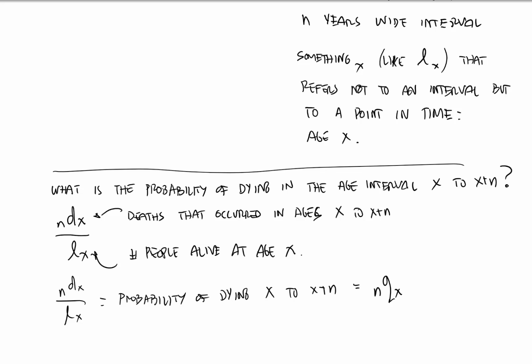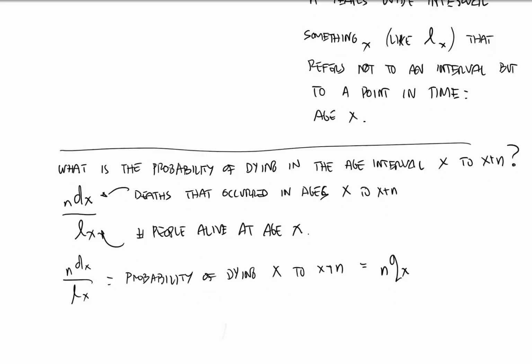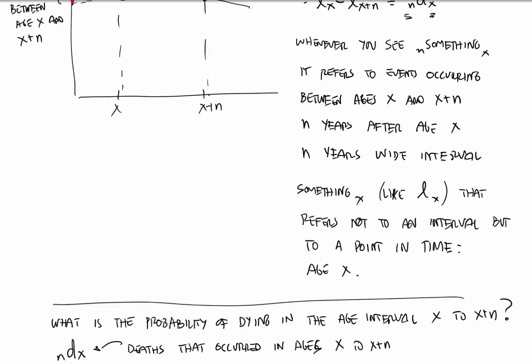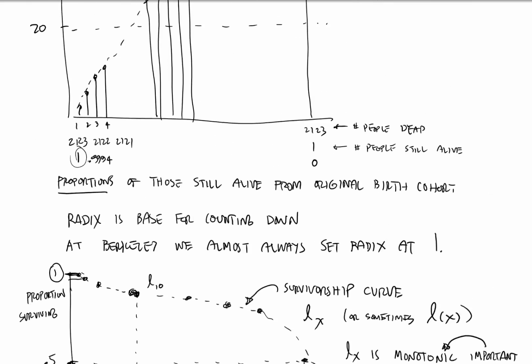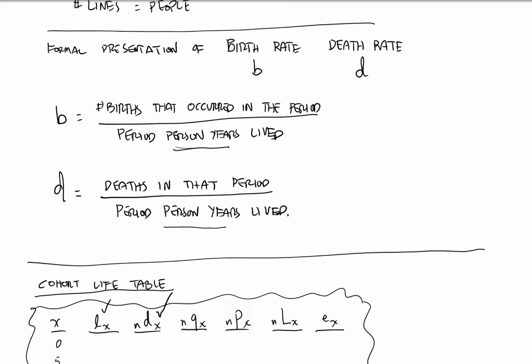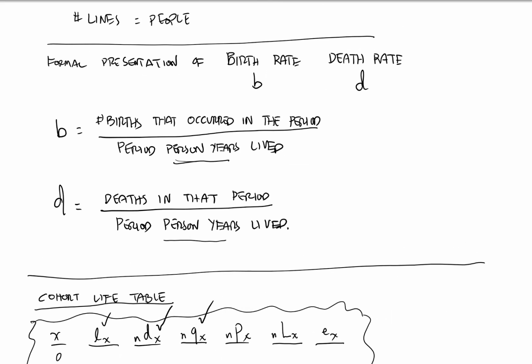It's the probability of dying in the interval x to x plus n, conditional on having reached age x. So this is a conditional probability. That's n q x. That is this column of the life table. This one.